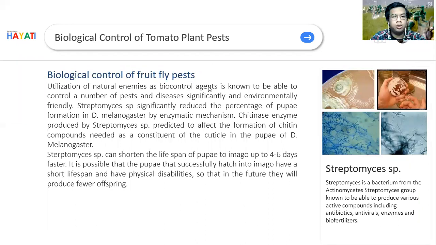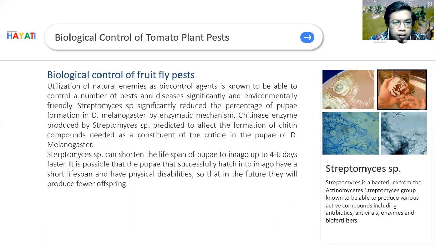Okay, so next is biological control of tomato plant pests. The first is biological control of fruit fly pests. Utilization of natural enemies as control agents is known to be able to control a number of pests and diseases significantly and in an environmentally friendly way.